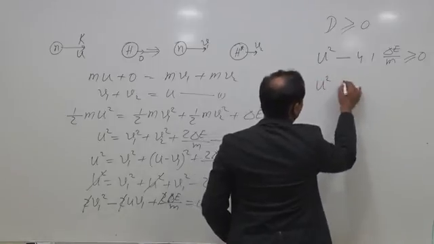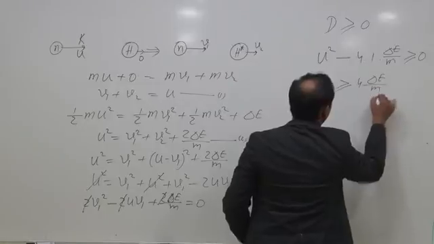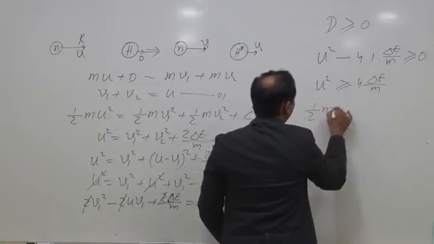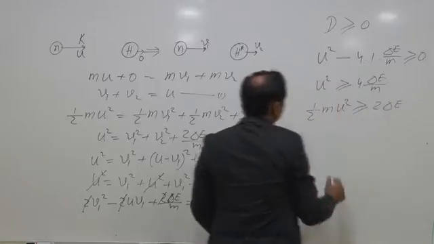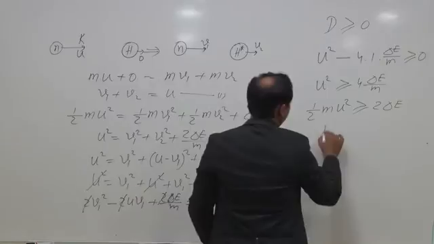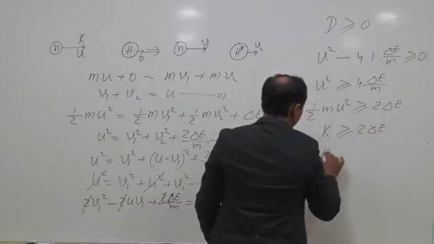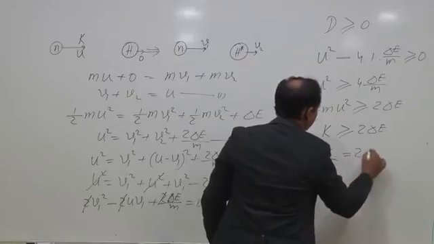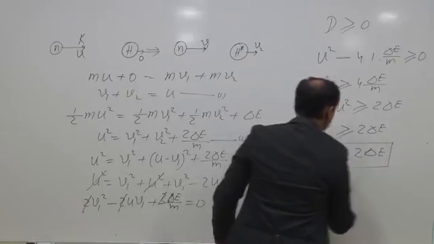Or u square greater than or equal to 4 delta E by m, or half mu square greater than or equal to 2 delta E. Half mu square is nothing but the kinetic energy of the bombarded particle, K greater than or equal to 2 delta E, or K minimum is equal to twice the excitation energy.